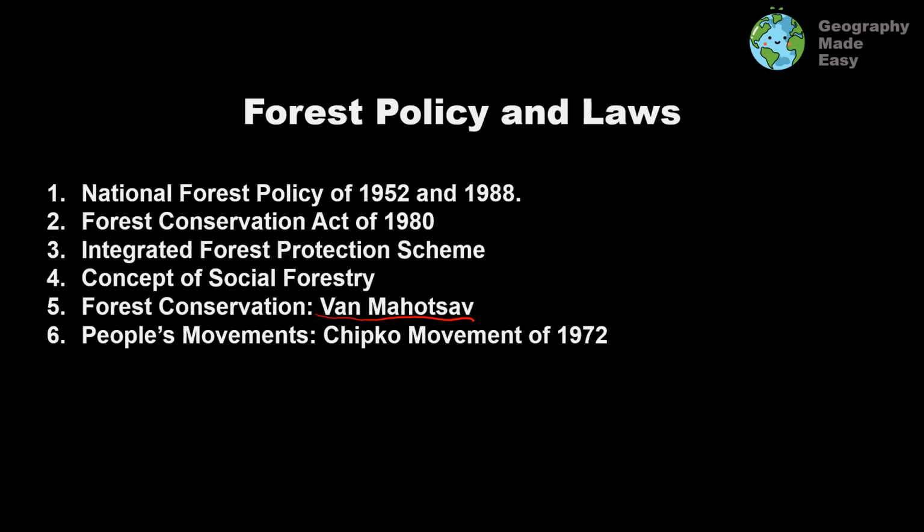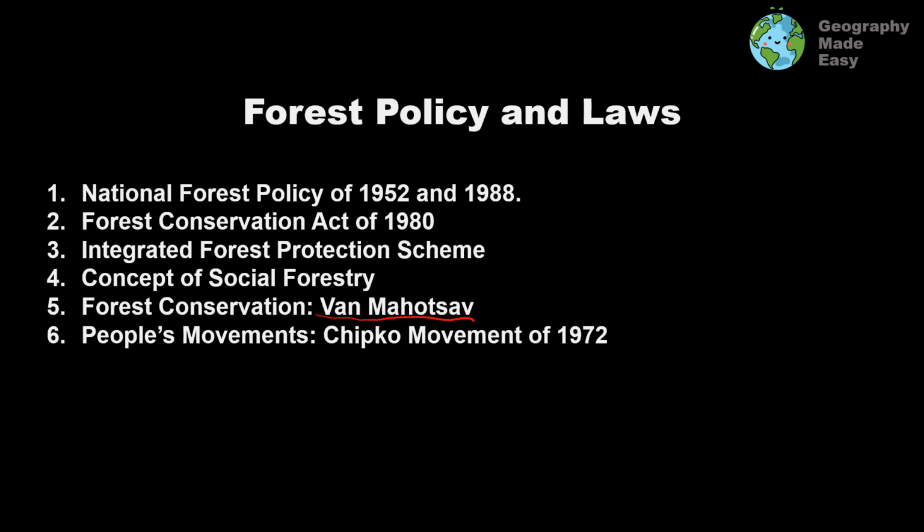This is done during the monsoon so that the trees which are planted can survive. They get enough rain and their roots can spread. This is one very good measure where the common people and everybody gets involved in forest conservation.